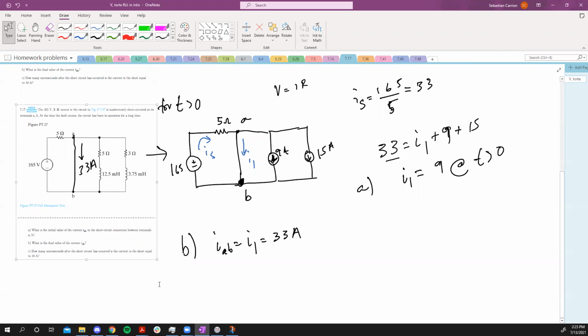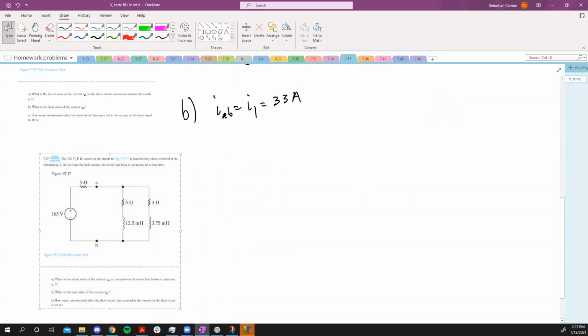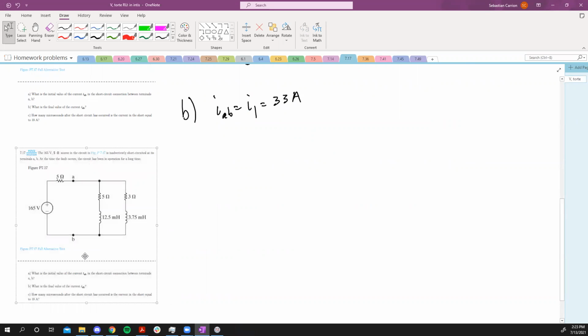Now, how many microseconds after the short circuit has occurred is the current in the short equal to 19 amps? Okay, so now we got to work with the short circuit as well. So make a short circuit here, right?